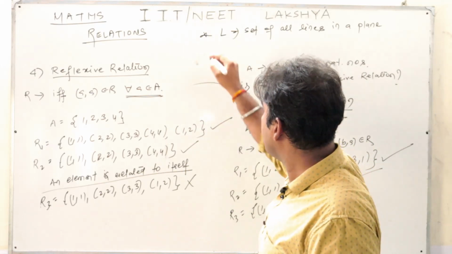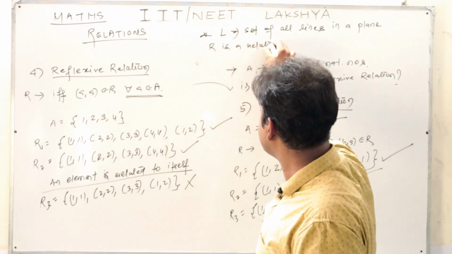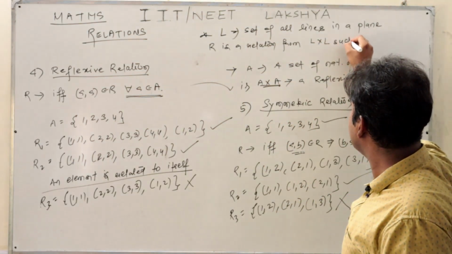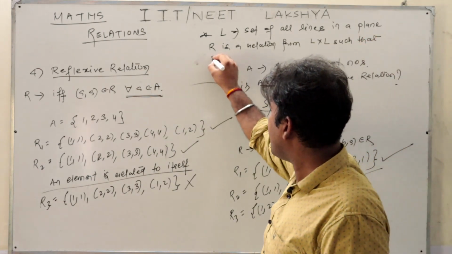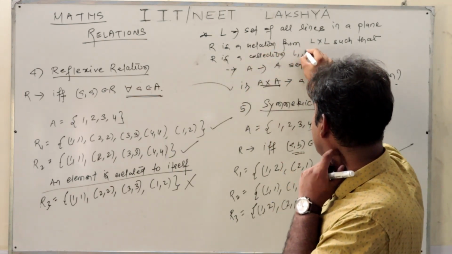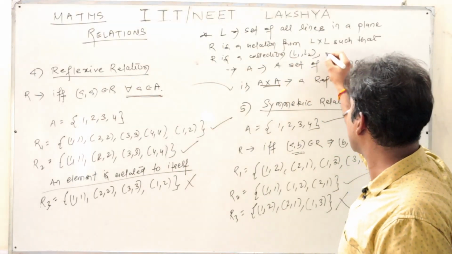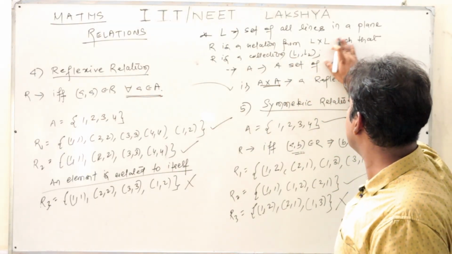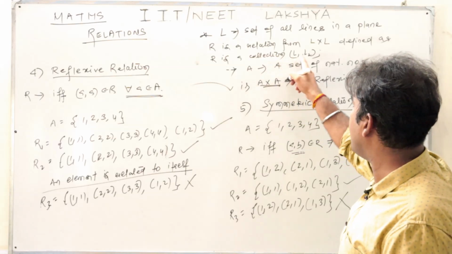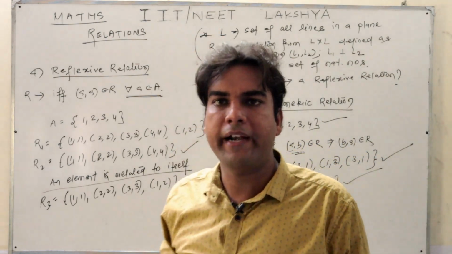And we are defining a relation R from L to L, a subset of the Cartesian product L × L, such that R is a collection of (L1, L2), that is, two lines L1, L2, such that L1 is perpendicular to L2. This is your question.